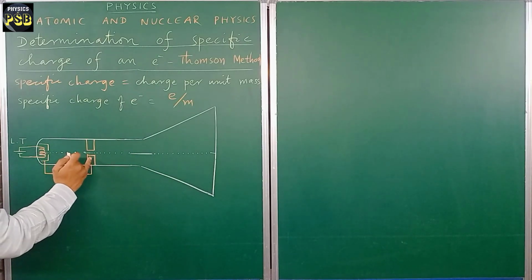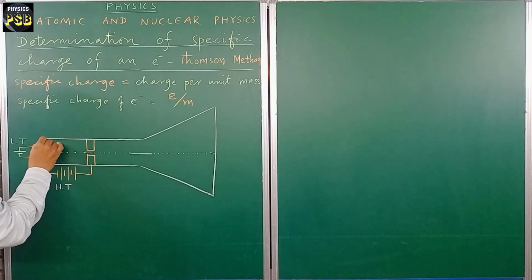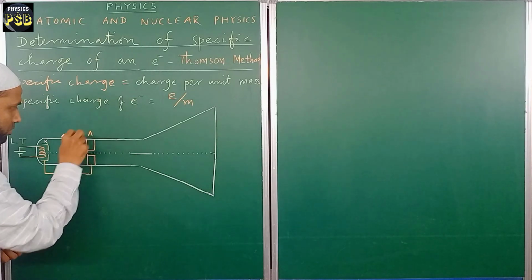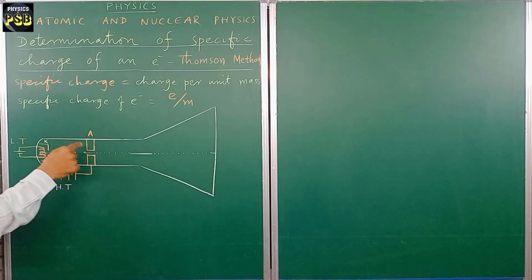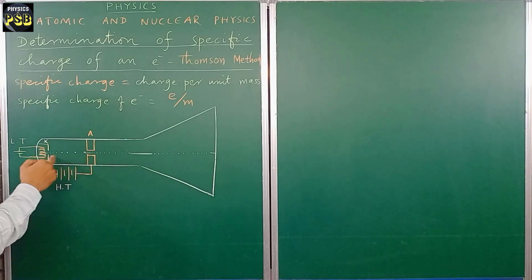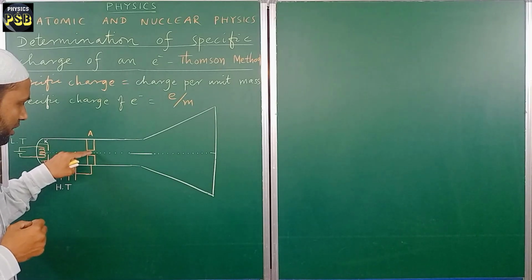So this cathode, which is represented by letter K, and this anode are at high potential, high voltage. Due to the high positive potential at anode, electrons are attracted towards it, and they are made to pass through this fine hole.